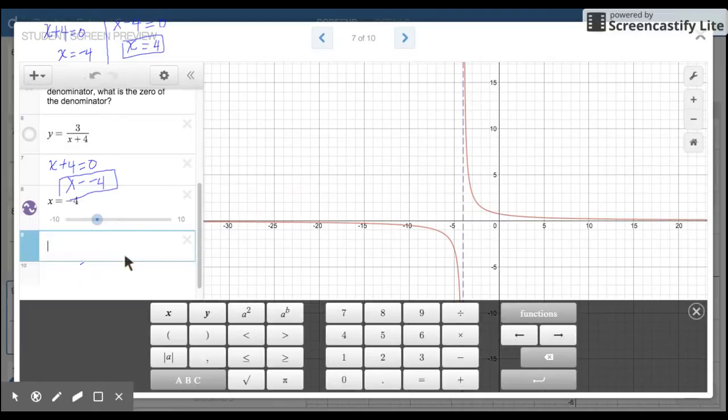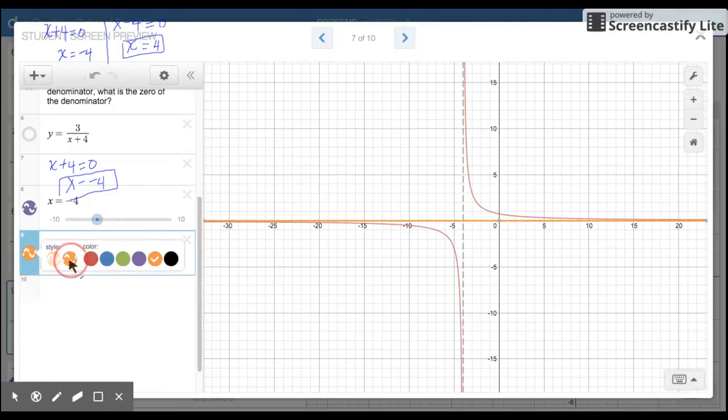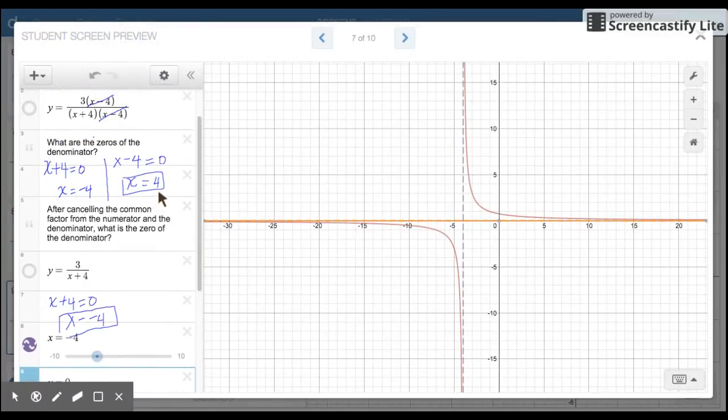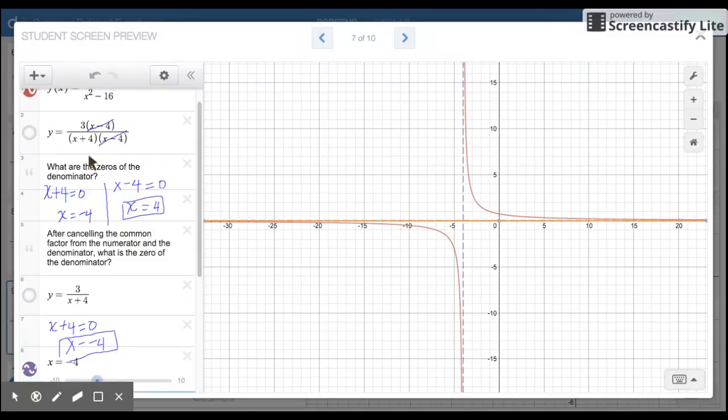Now, if I look at the graph, I see that the horizontal asymptote is y equals 0. Let's make that broken. And that looks like it's the horizontal asymptote. Okay, so the vertical asymptote seems to be at the value of x that makes the denominator of the simplest form equal to 0. Now, what is the other 0 of the original denominator?